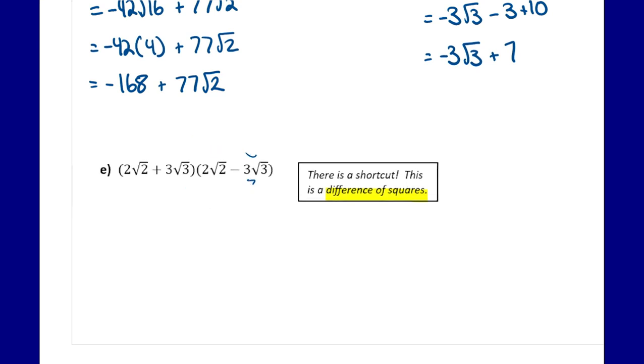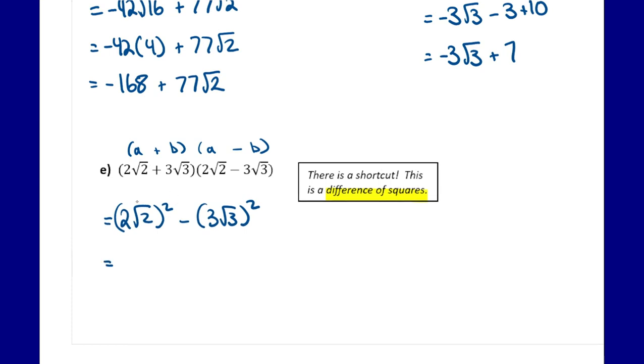We could think of it as a plus b times a minus b. So this simplifies to the first term squared, 2 root 2 squared, minus 3 root 3 squared.